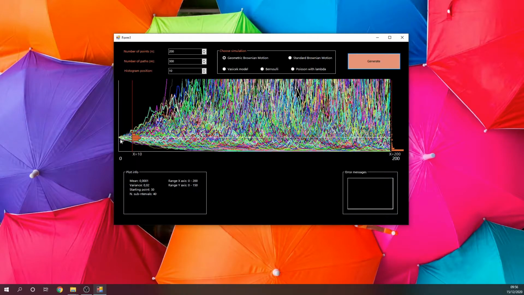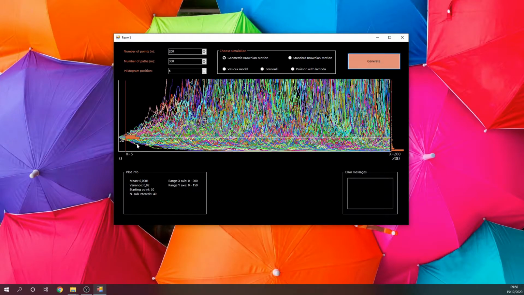Okay, so we can see that almost all values are not too far from the starting point. In fact, we can see the distribution is mostly concentrated in the center values.